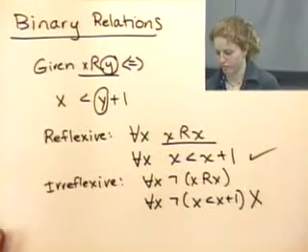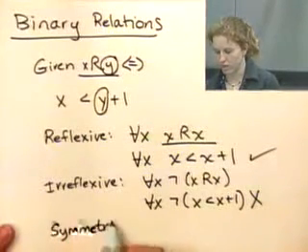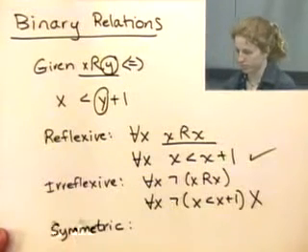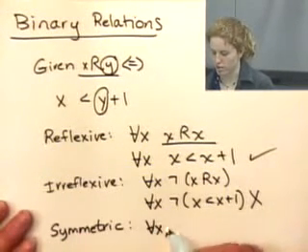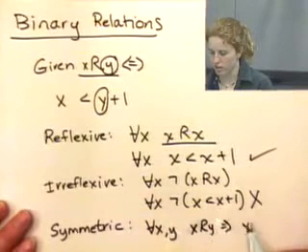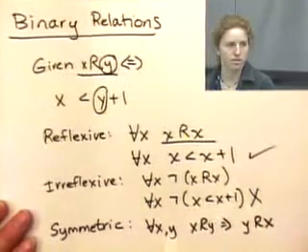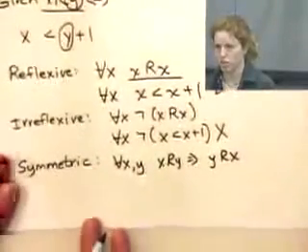How about symmetric? It doesn't look like it should be, does it? The definition of symmetric says, if x relates to y, then y relates to x. So let's use our definition of this relation.